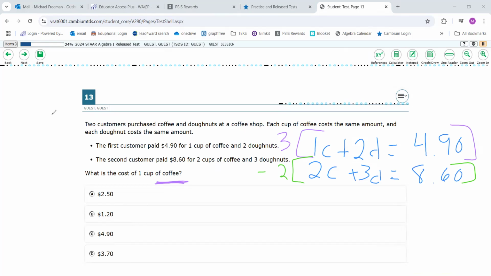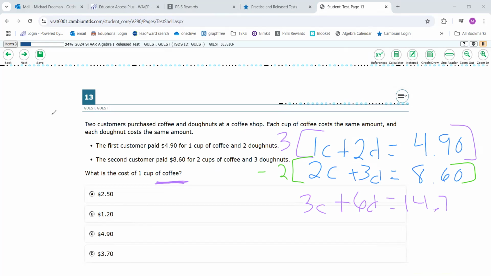So 3 times 1 is 3c plus 6d. And then 4.90 times 3. All right, well, 4.90 times 3 is 14.7.